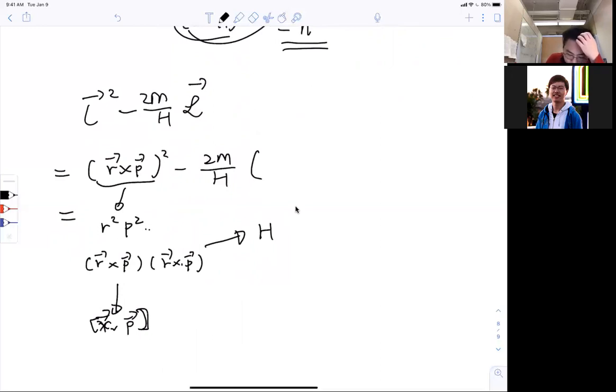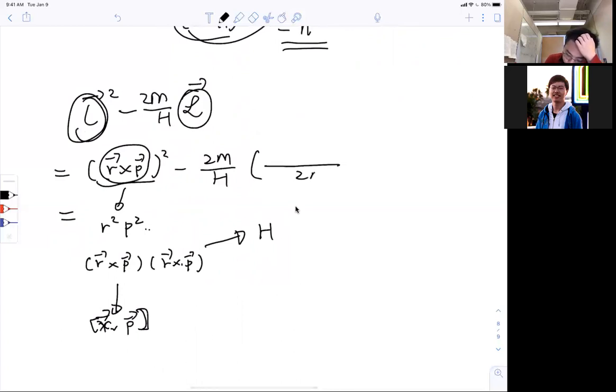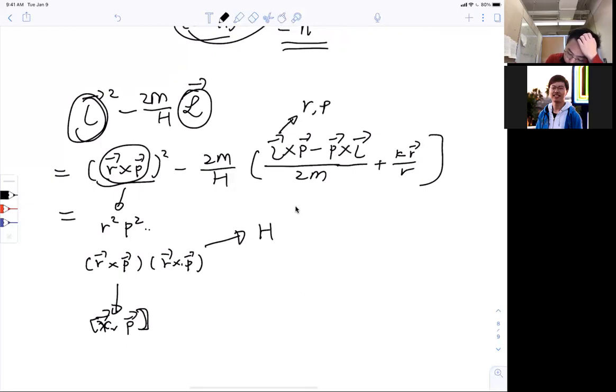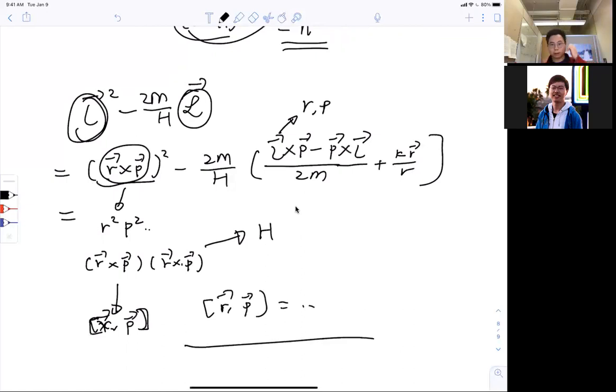Right? This L is written in terms of R and P. This K is also in terms of R and P. It's tedious, but it's not difficult. I see. Yeah. They're all in terms of R and P. The only commutator you need to know is this. Okay. Thank you.